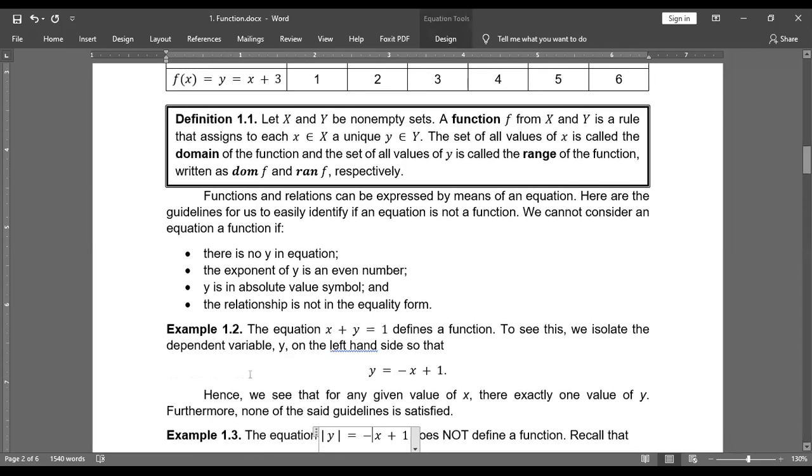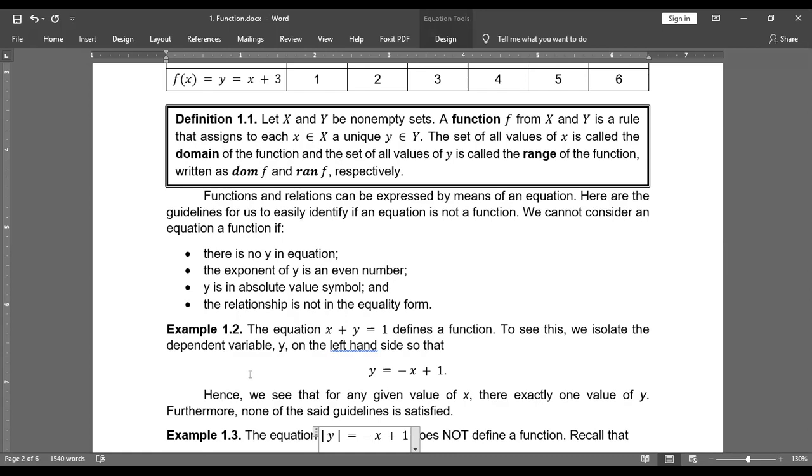Now, if we are to assume values of x, let's say 1, 2, 3, 4, 5, 6, 7, 8, 9, 10, and then solve for the corresponding values of y, we could observe that there is a one-to-one correspondence between the values of x and the values of y. So hence we see that for any given value of x, there is exactly one value of y.